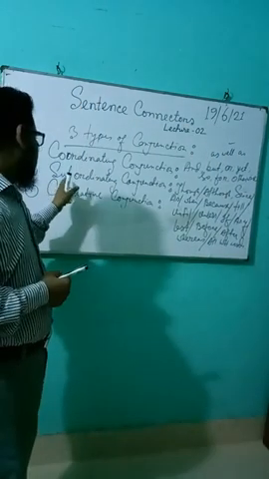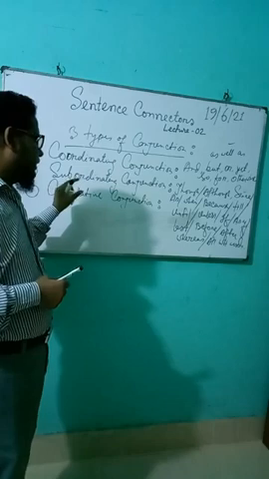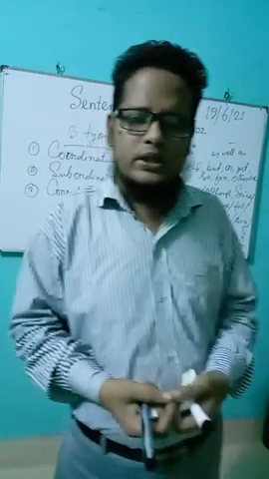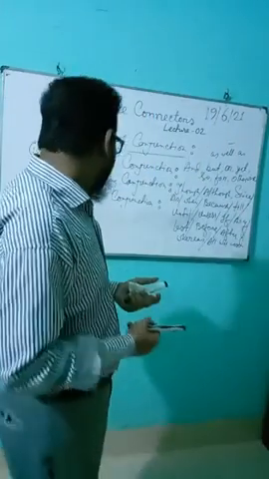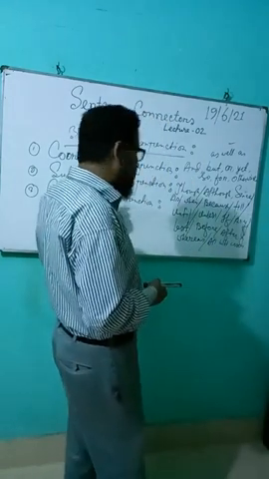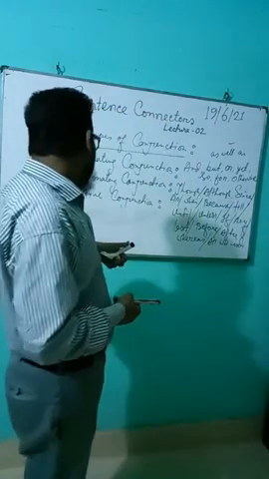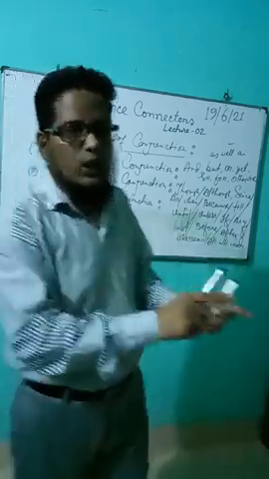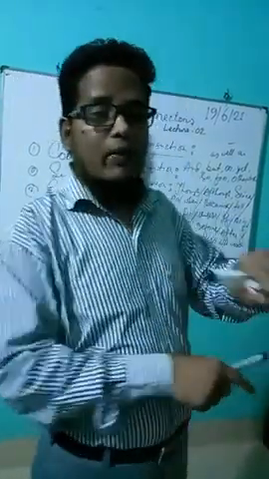I've told you that a subordinating conjunction joins one clause to another clause, where the subordinate clause is dependent on the principal clause.